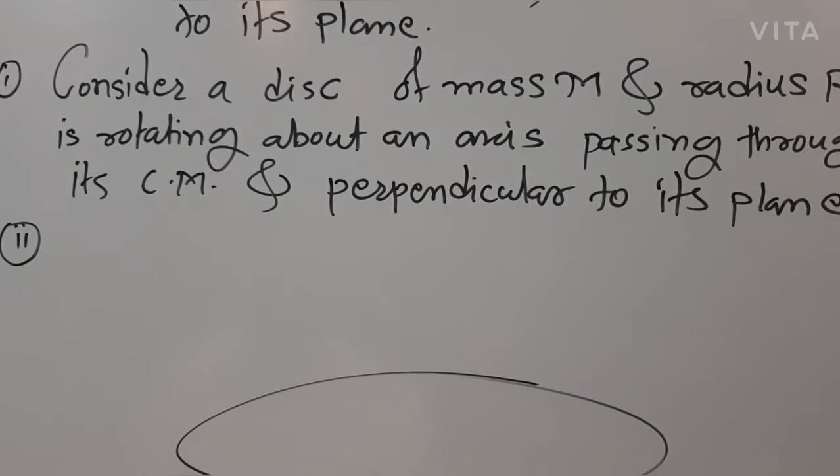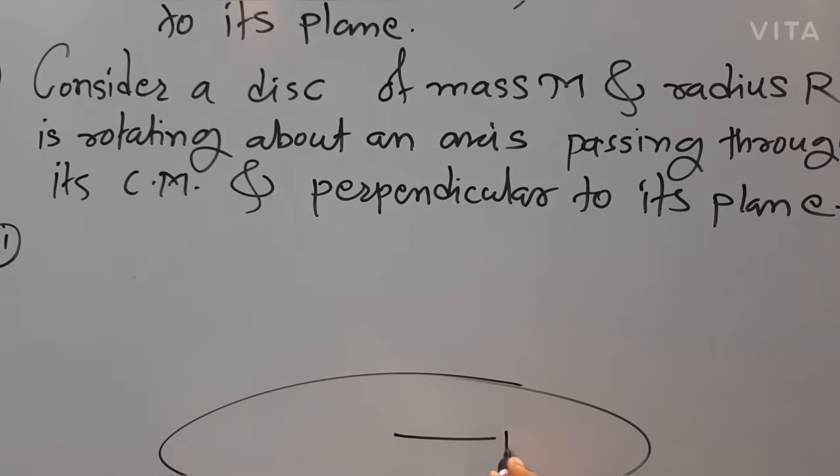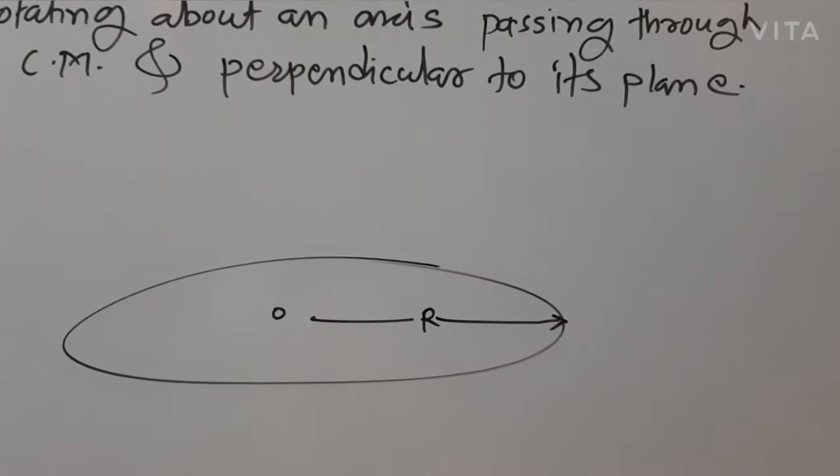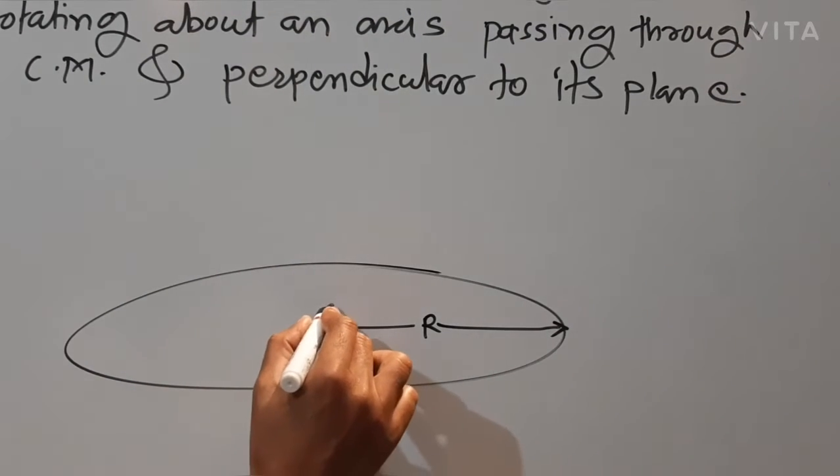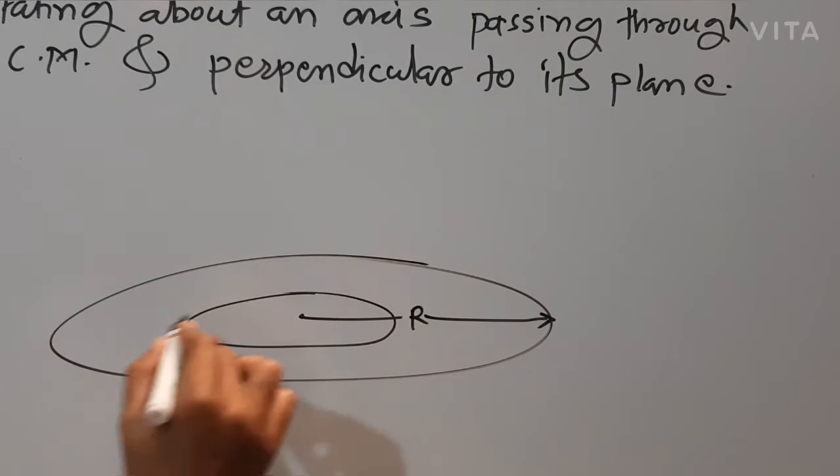Suppose that this is a disk of radius capital R. This is a point and it is the center of mass. Suppose that here is an element.